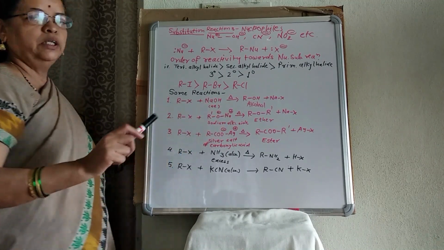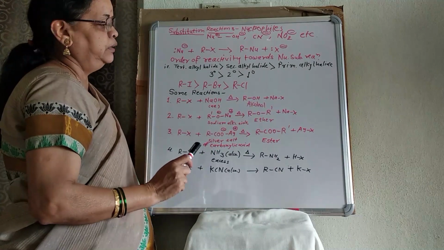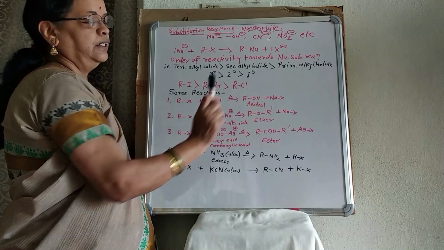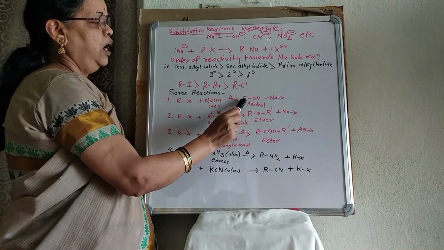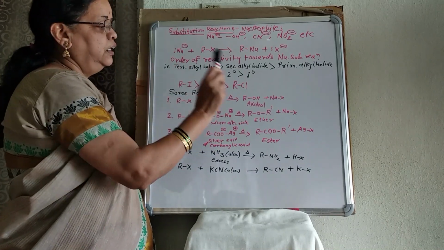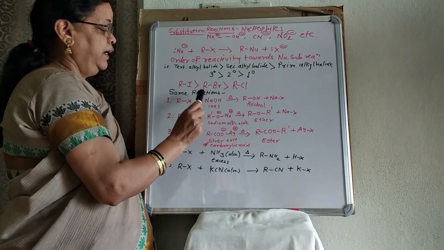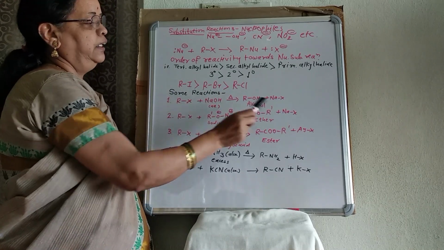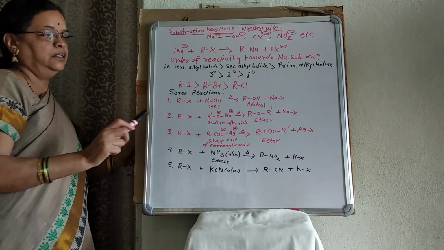Instead of NaOH we can also take KOH, so only the byproduct changes. If you are using KOH, then KX is the byproduct. So X is replaced by OH, and ROH is formed from RX. RX is the reactant, ROH is the main product, and the byproduct is NaX: Na removes X and forms NaX.